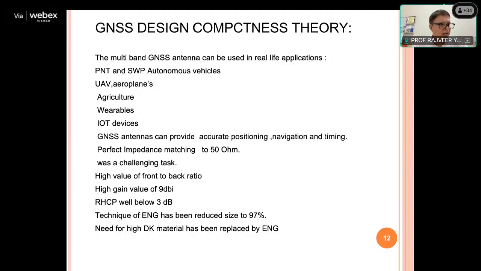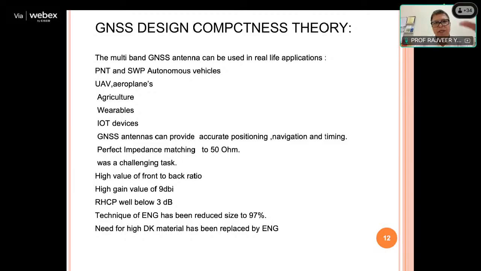I am not depending on foreign origin companies. By introducing a concept of compactness theory, I'll be going in detail how I am able to make the DRA compact by adopting the theory of FSS or ENG.